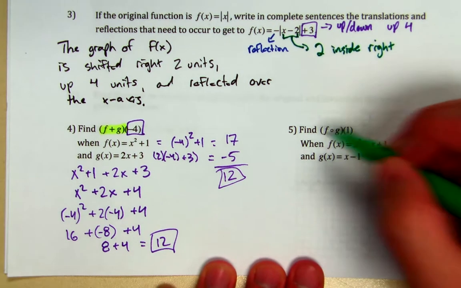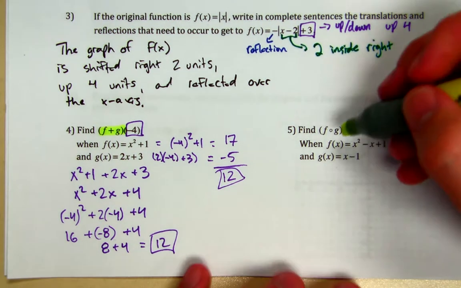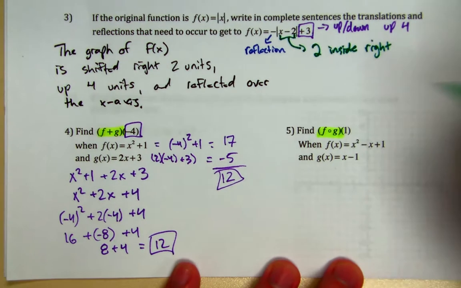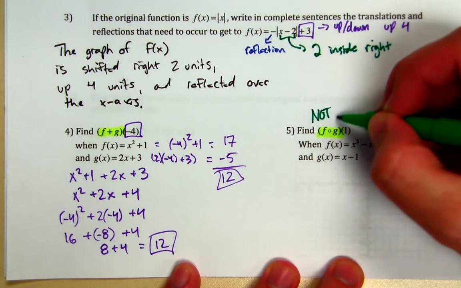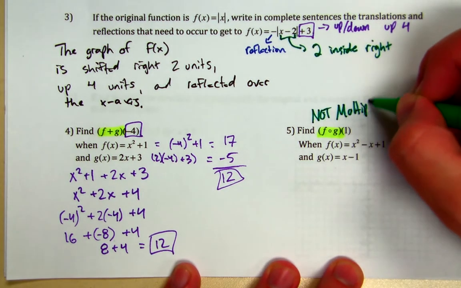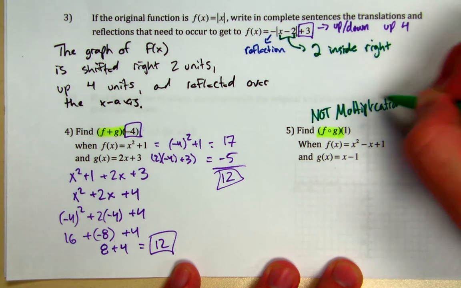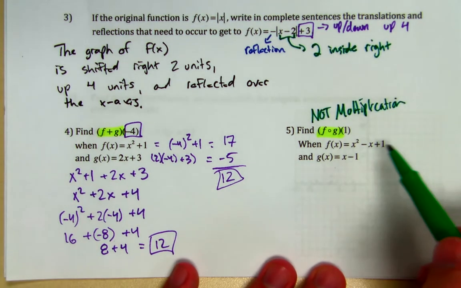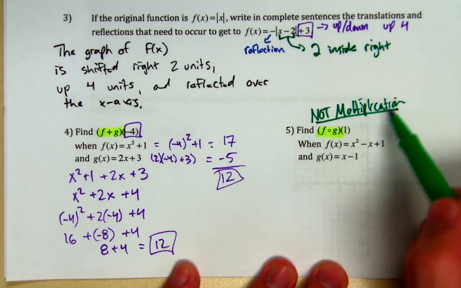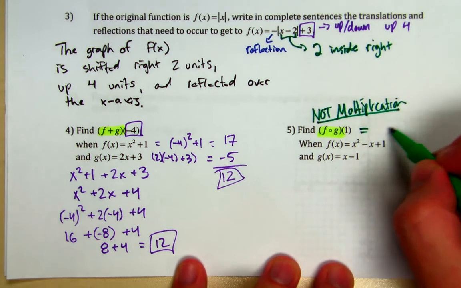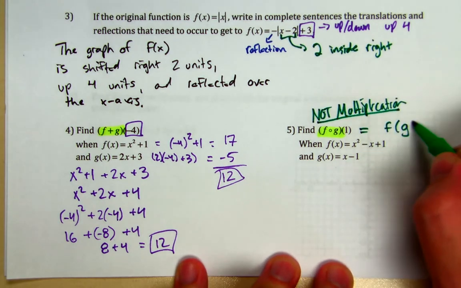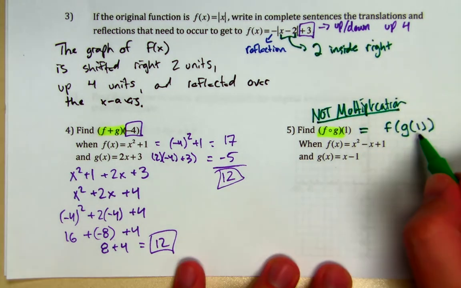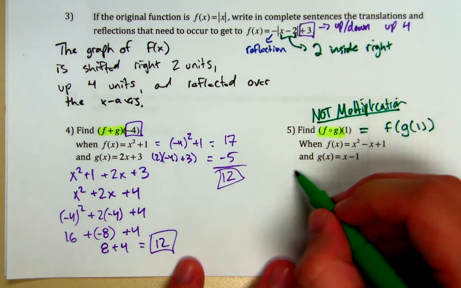Now, here's where you've got to be careful. This here is not multiplication. And this is where a lot of you messed up on the first quiz. So you've got to be very careful. This is composed. So really, this is saying f of g of 1. So start with whatever g of 1 is.